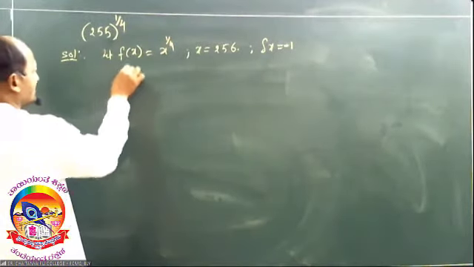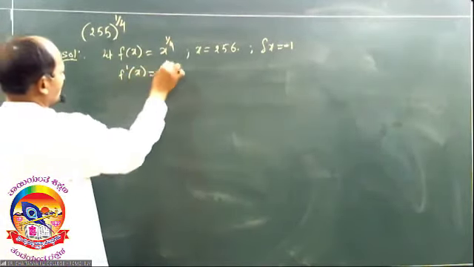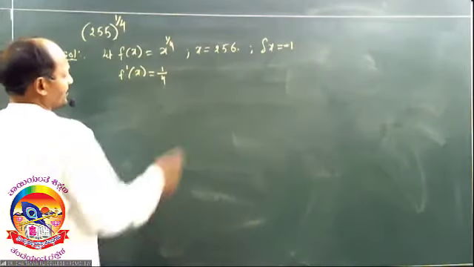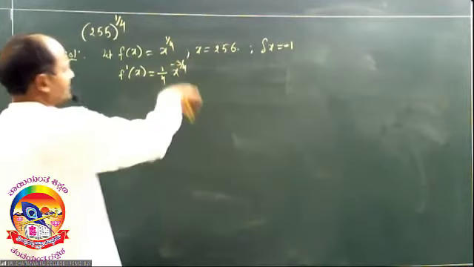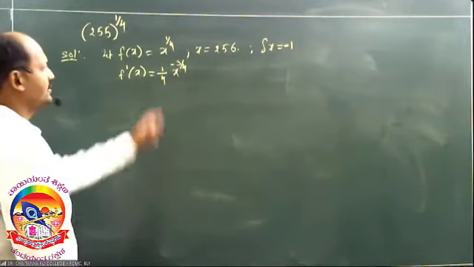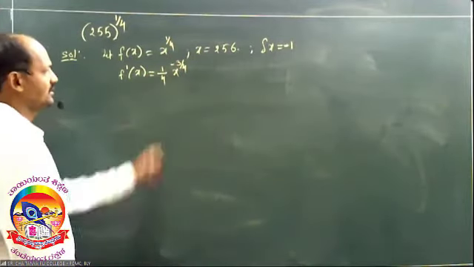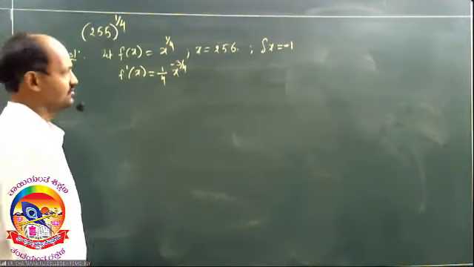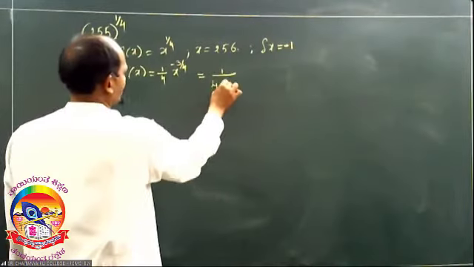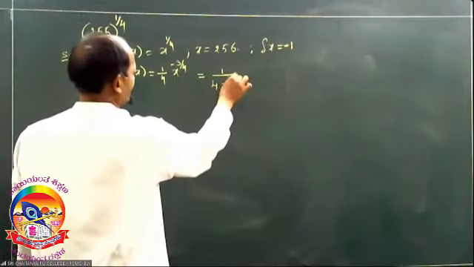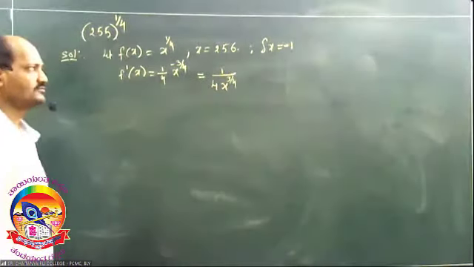And f dash of x is 1 by 4 into x power minus 3 by 4. Derivative of x power n is n x power n minus 1. That is 1 divided by 4 x power 3 by 4.